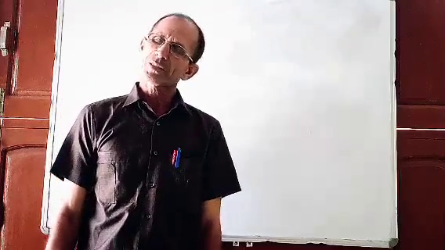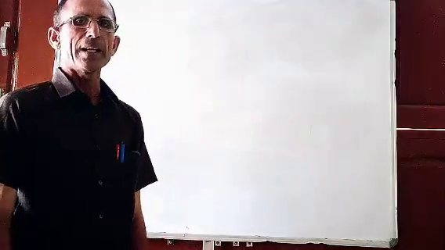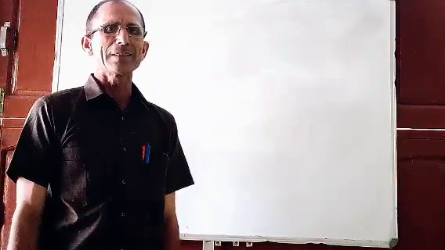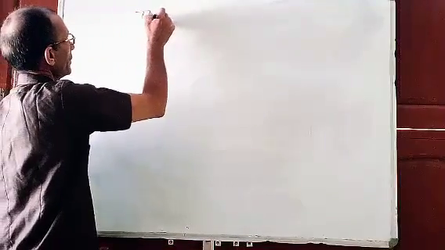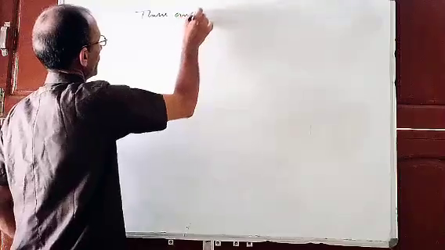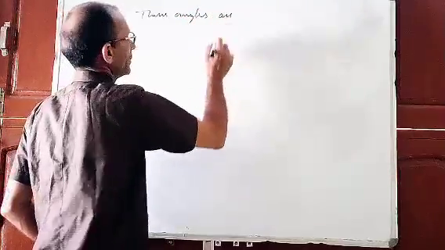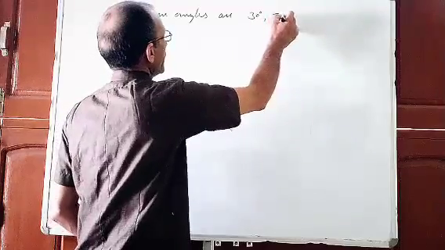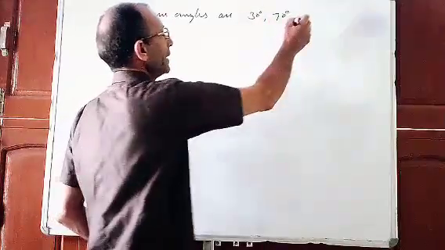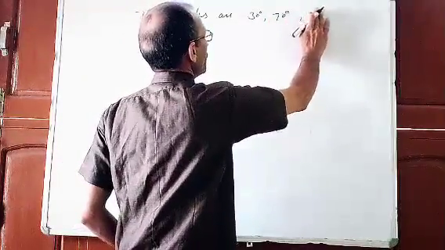Take an example. Three angles of a quadrilateral are given: 30 degree, 70 degree and 90 degree.